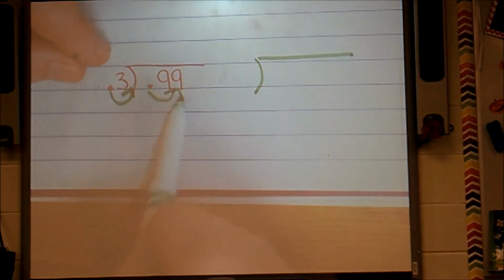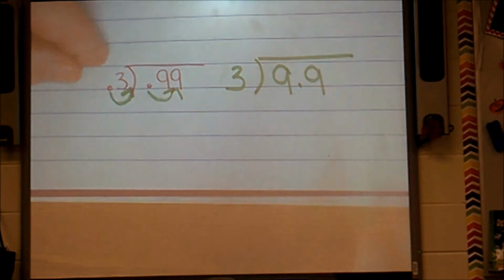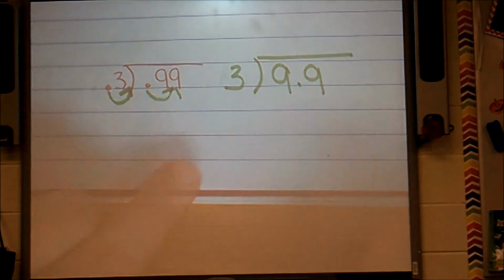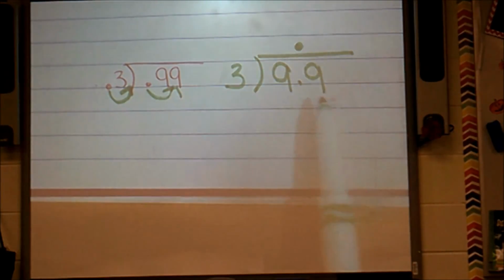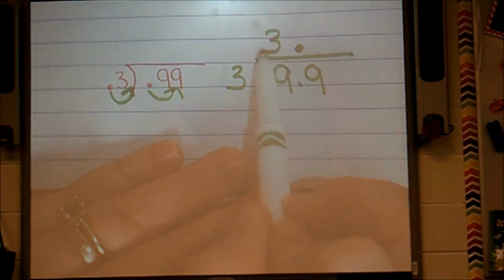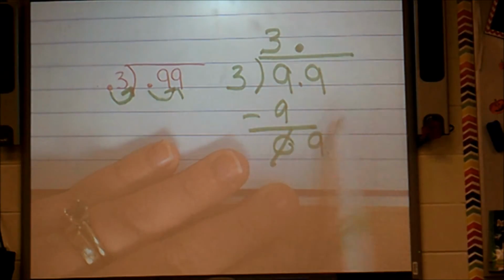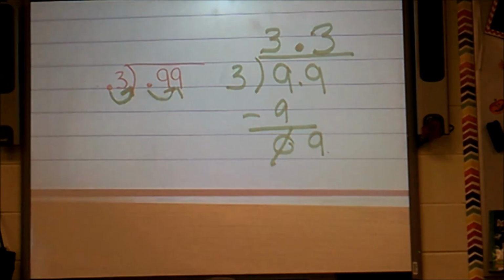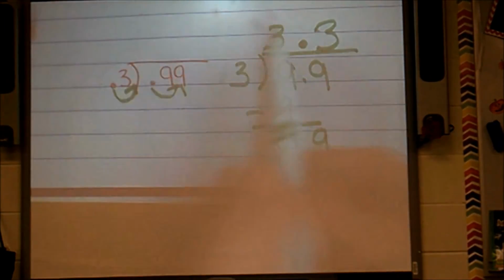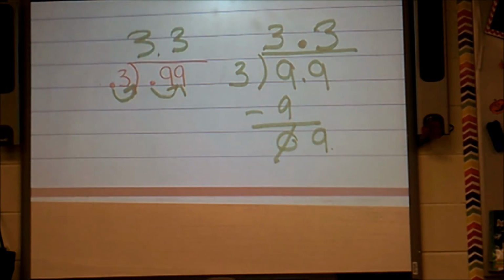So I have to bump that one place value, meaning my new problem should look like that. UFO, straight up. 9 divided by 3 is 3. 9 divided by 3 again is 3, but it's after the decimal. So my final quotient is 3 3/10. Hooray!